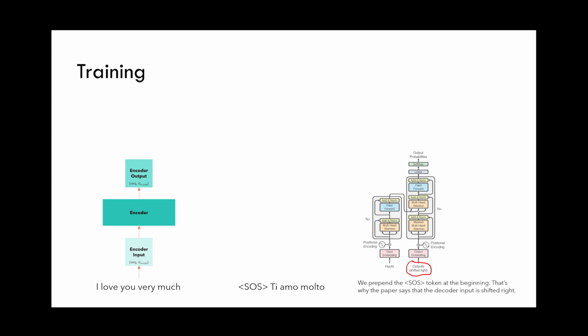Now, here we can see that the outputs are shifted right. What does it mean to shift right? We want the model, given this English sentence, to output this particular Italian sentence, but we need to prepend a start of sentence token. So basically, shifting right here means prepending a start of sentence token to this sentence.